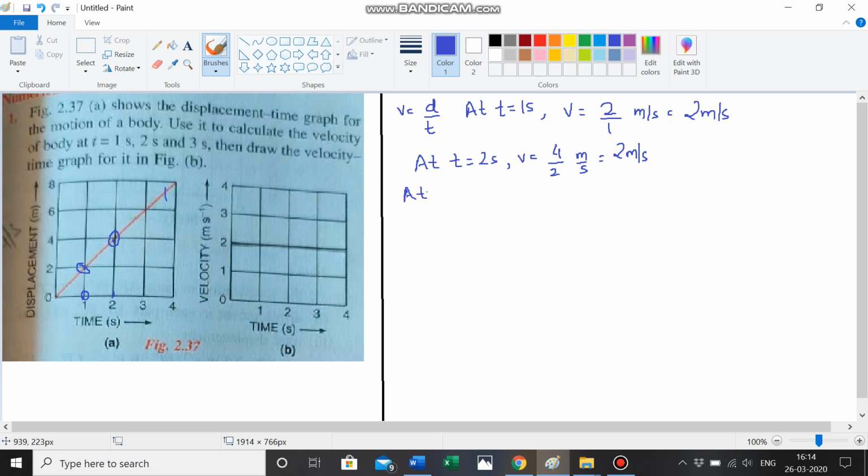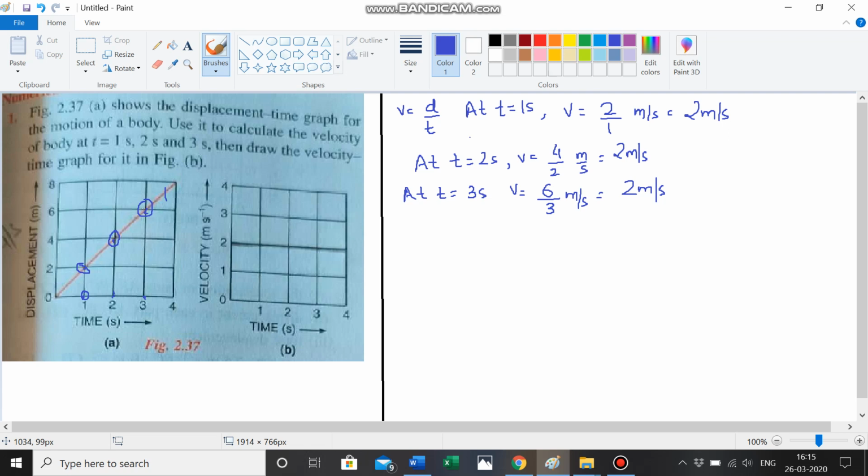And at t is equal to 3 seconds, the displacement, when I read on the y-axis, is 6. So velocity is 6 upon 3, which is again 2 meter per second. Well, I didn't need to calculate any of this because from the graph itself I noticed that this is a straight line, which means it's a uniform velocity. Perfect. So I've calculated my velocity.